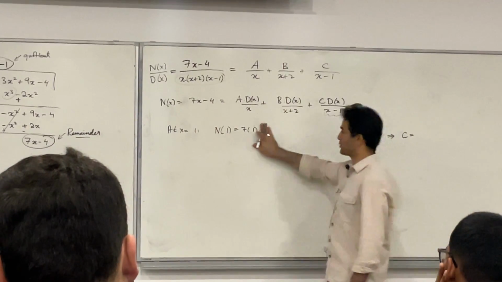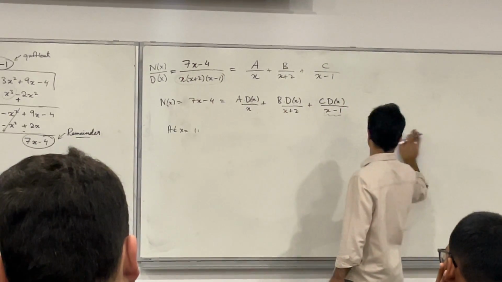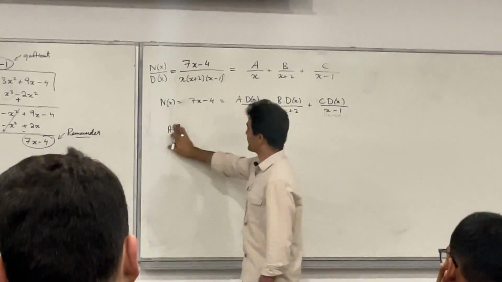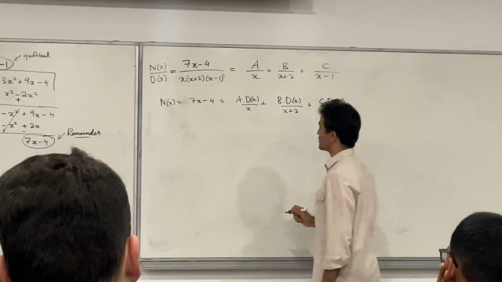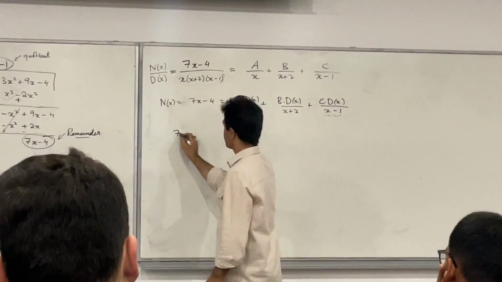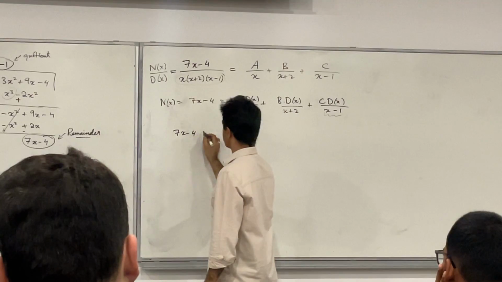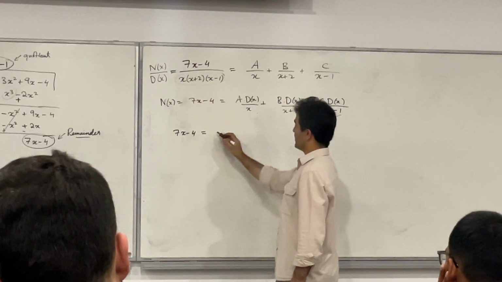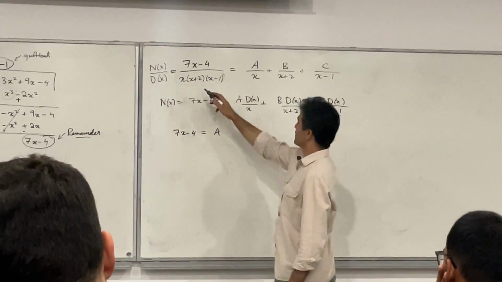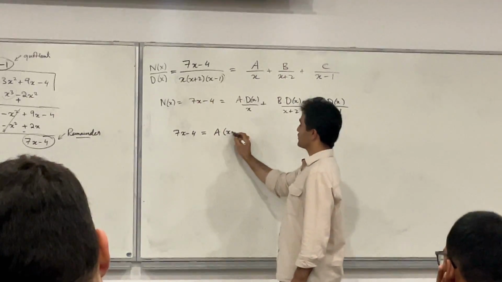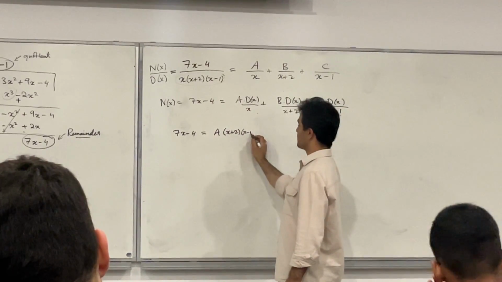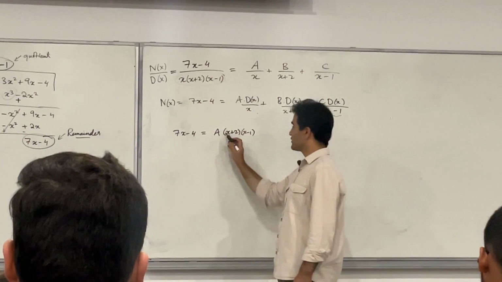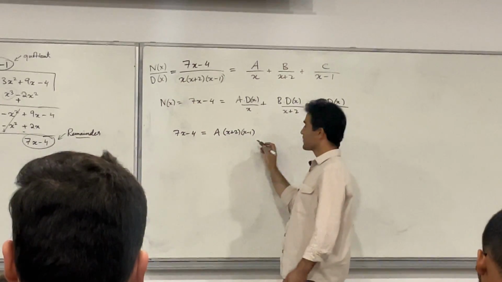Okay, let me just do this properly. Okay, so let me write this with all its bells and whistles. So we have a times this denominator over x. So that's x plus 2, x minus 1. Right? There's an x here and then you divide by x.